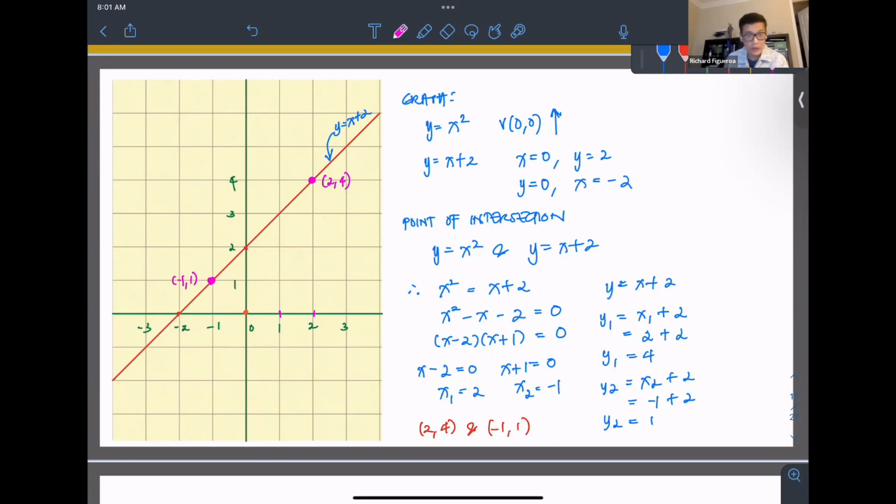And now we can connect the dots. This is our vertex. From one of the intersections, this one is going up, and the other intersection is this.